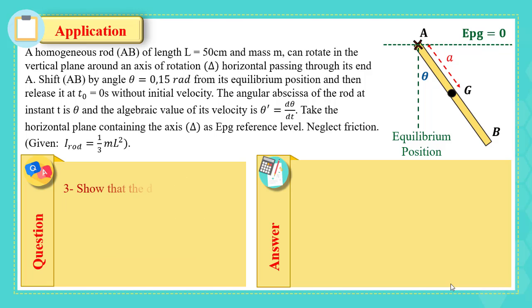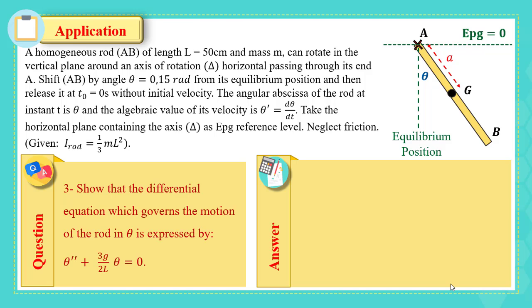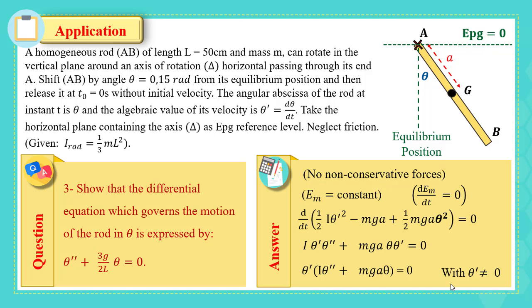Show that the differential equation that governs the motion of the rod in theta is expressed as theta double prime plus 3g over 2L theta equals 0. There are no non-conservative forces, so the mechanical energy is constant. Now follow the steps. Now the derivative of the constant minus mga is 0.